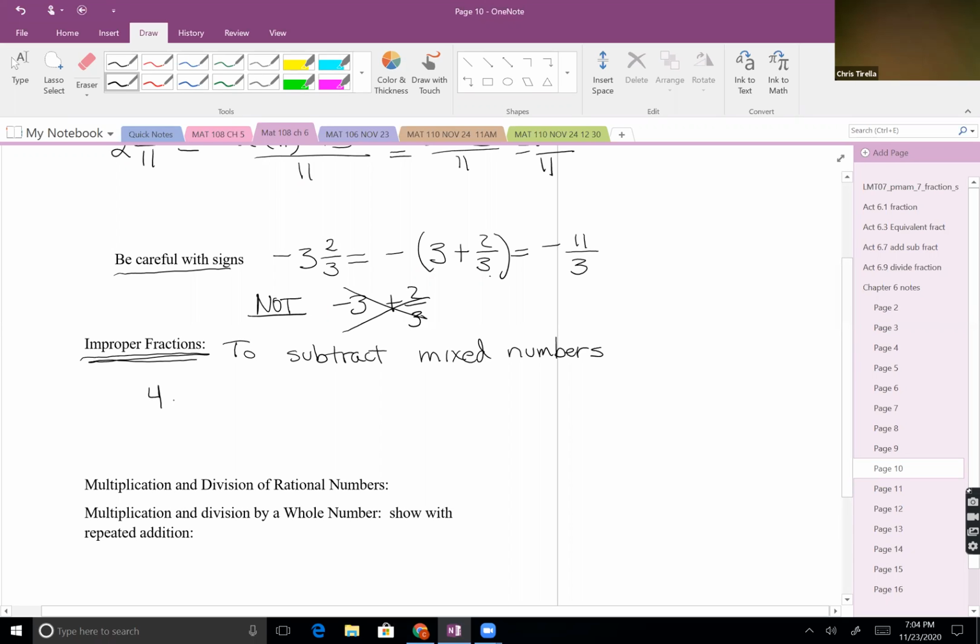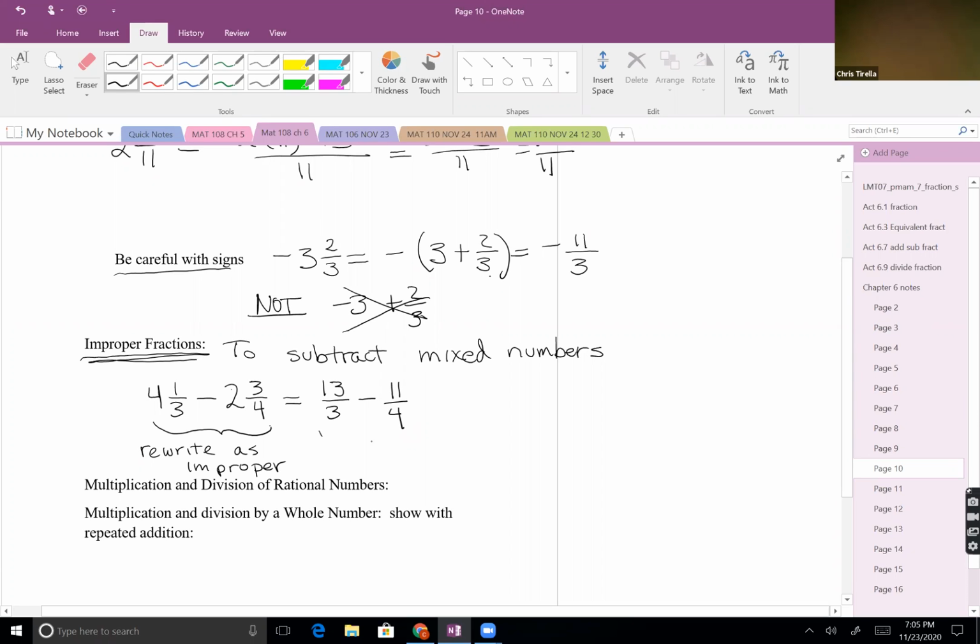If I were to have something like 4 1/3 minus 2 3/4, to do a subtraction like that, I want to rewrite these as improper fractions. So let's see, 4 times 3 is 12, plus 1 is 13/3, minus 2 times 4 is 8, plus 3 is 11/4.